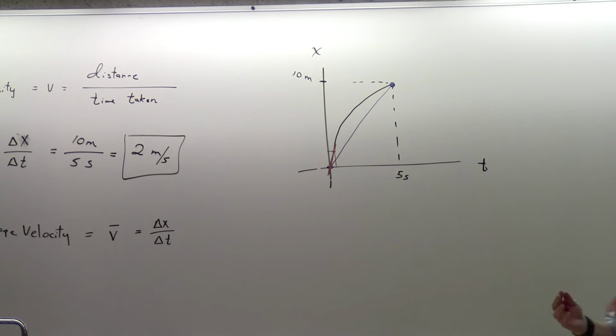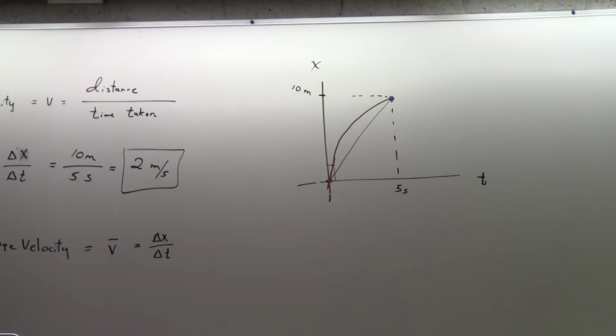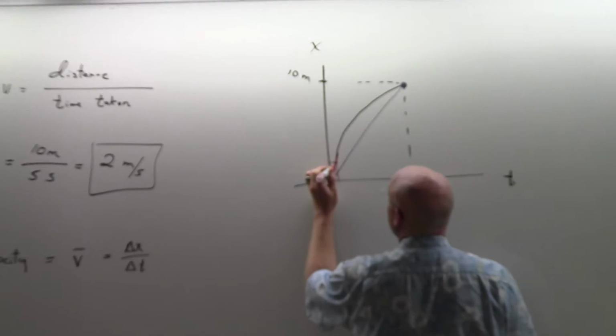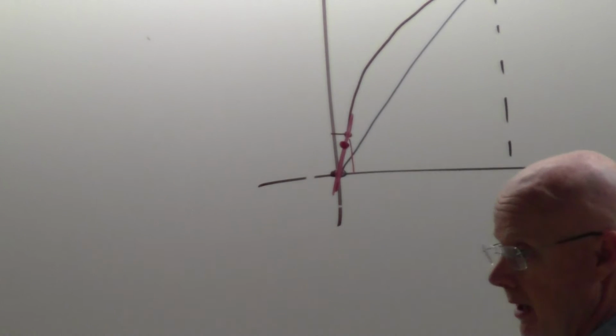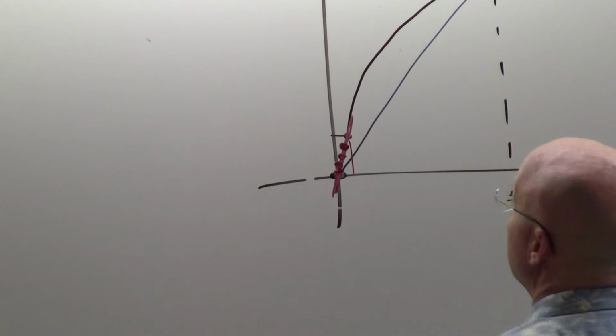But to make it more visual, I would say the instantaneous velocity is the limit as time goes to 0. And so maybe I should take a point that is even closer in time, and closer in time, and closer in time.